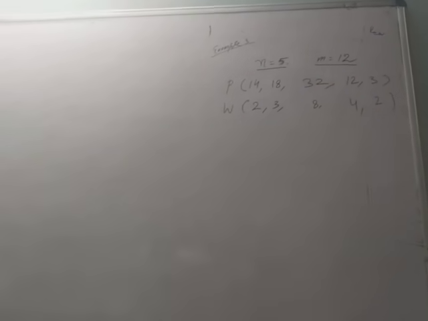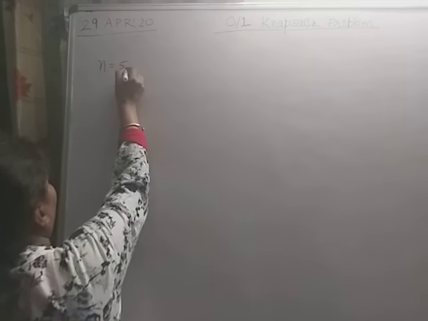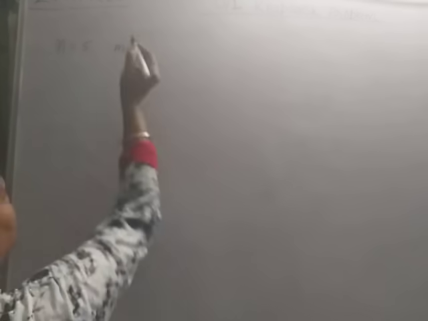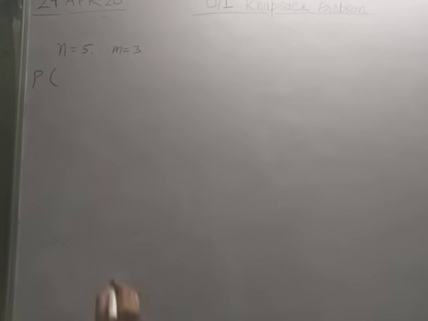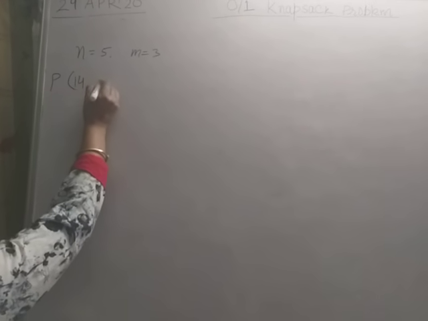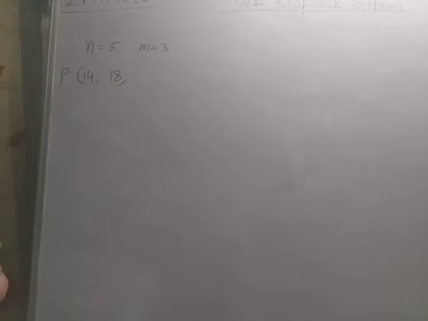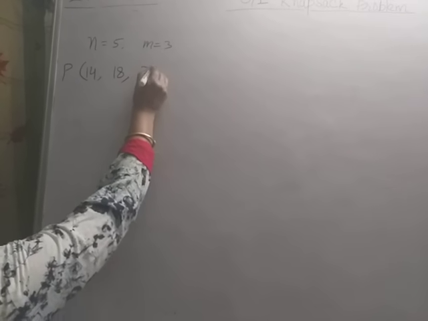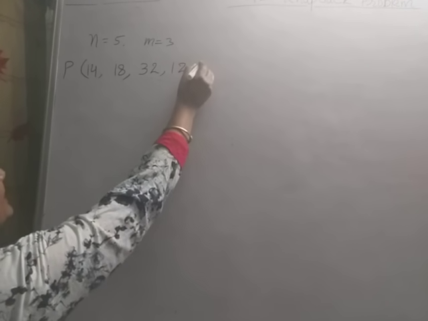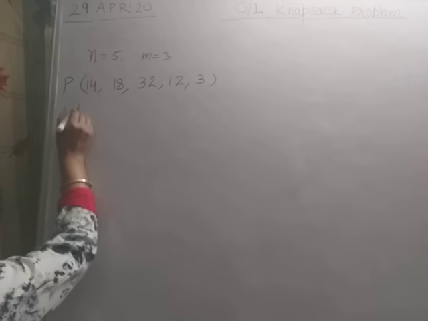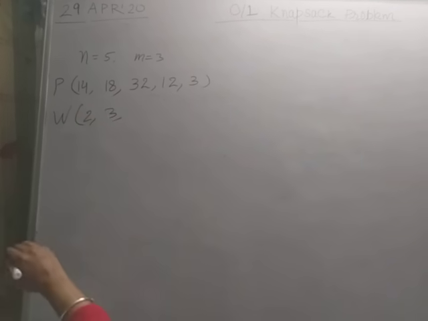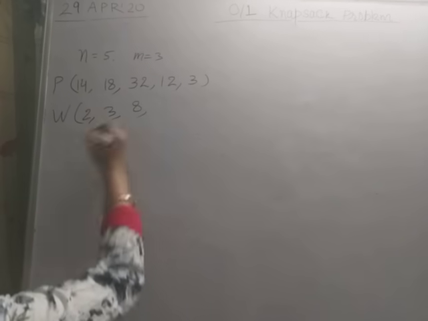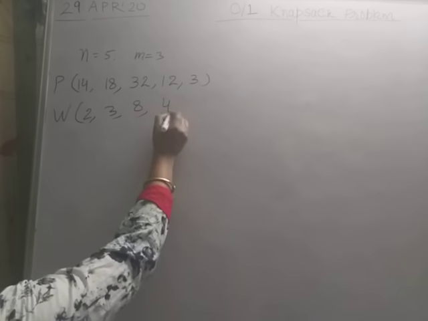Here I will write n equal to 5 and m is 3, and then the profit vector p is 14, 18, 32, 12 and 3, and the weight vector is 2, 3, 8, 4, 2.